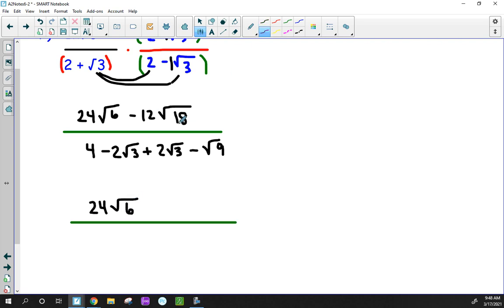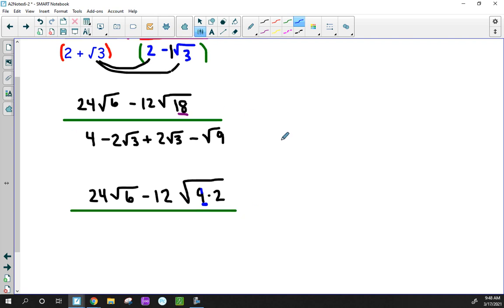Now, 18 is not a perfect square, but 9 does go into 18, and 9 is a perfect square. So we want to write this as 9 times 2. Okay, and then you're going to underline like I've been doing in this unit, having you try to do that. So we'll have to come back to that part.